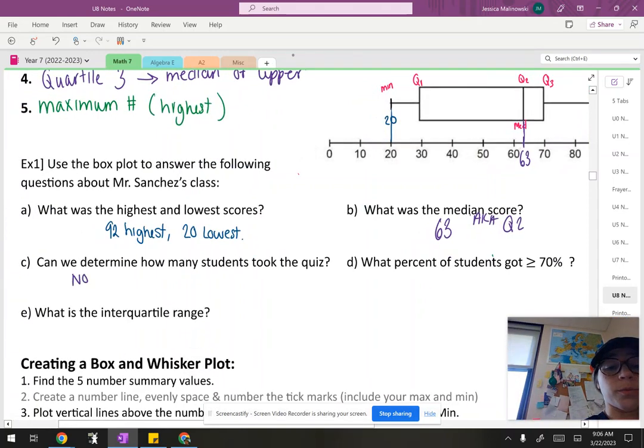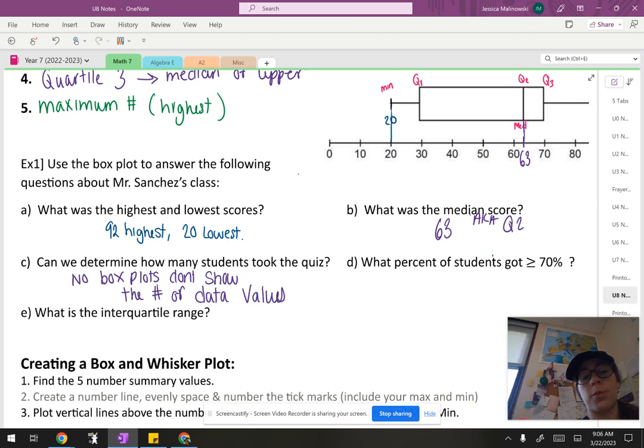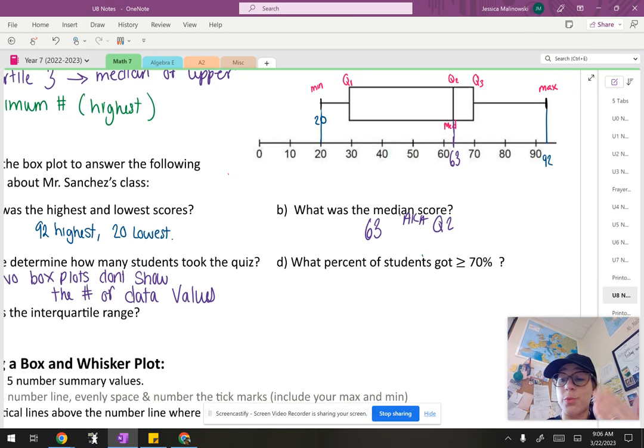So no, box plots don't show the number of data values. That means we can't find the average, the mean, because we don't know how many numbers we would need to be dividing by.